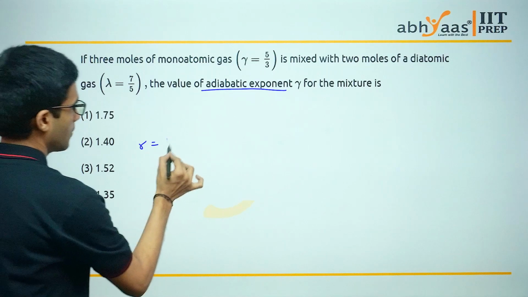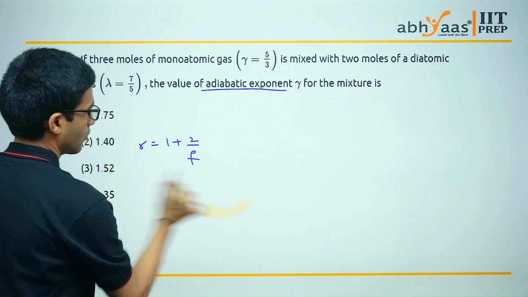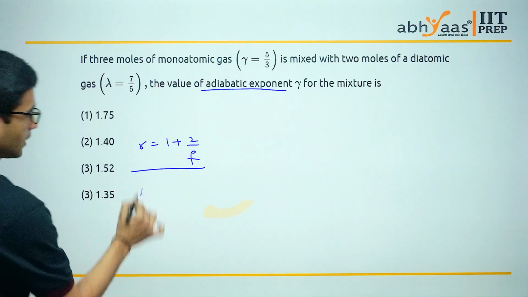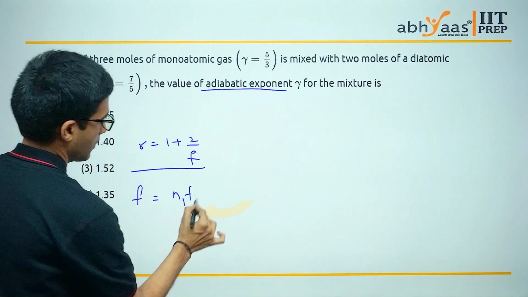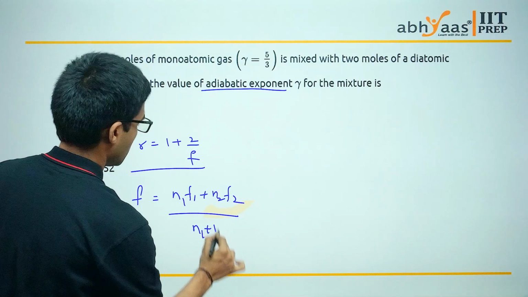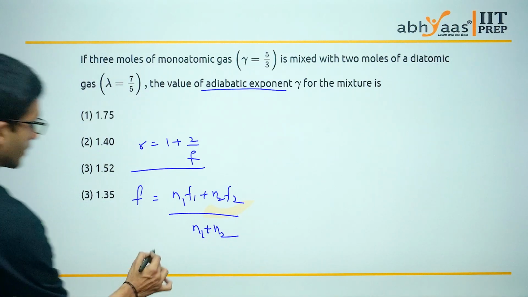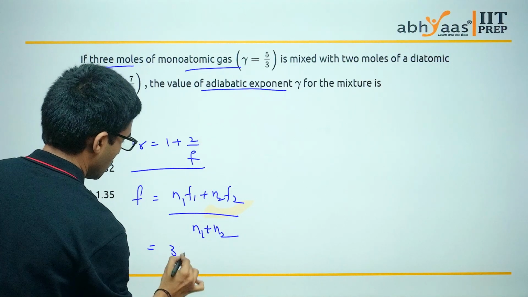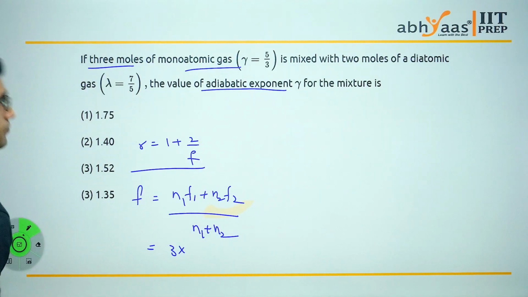Gamma is equal to 1 plus 2 by F. This you know. So that's why we need to calculate degrees of freedom. That is F is equal to n1 F1 plus n2 F2 by n1 plus n2, because moles are given. Here 3 moles of monoatomic gas, 3 into how much?